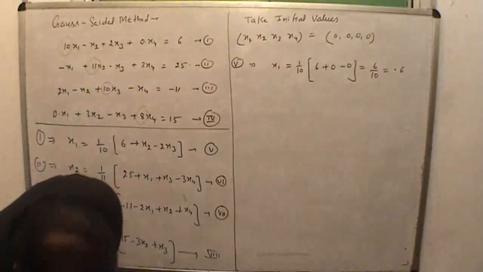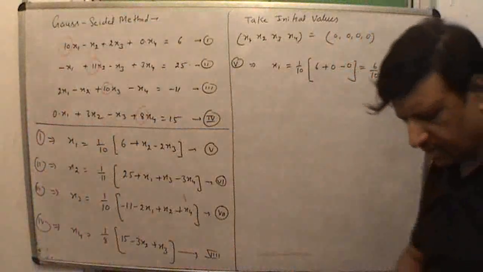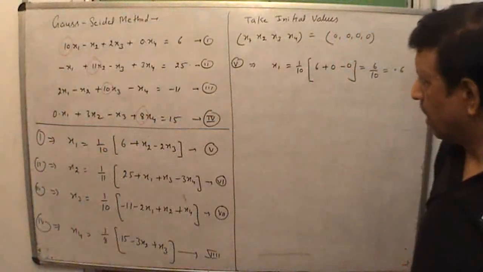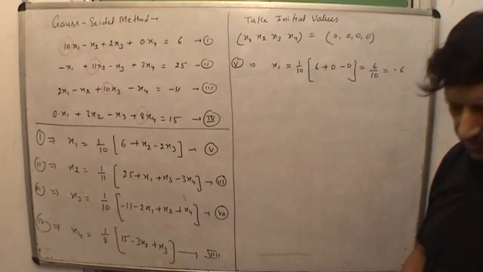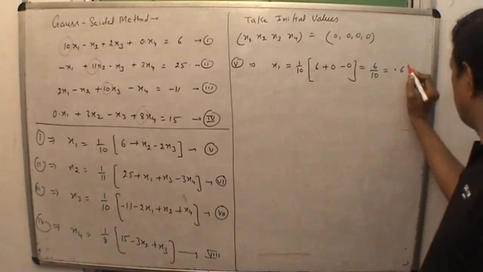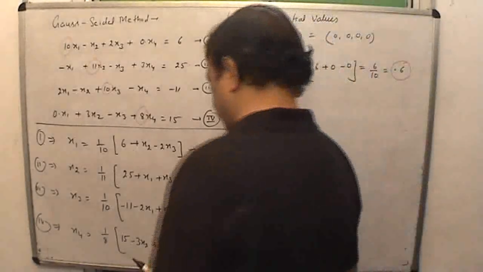Up to this step, there is no difference between the Gauss-Jacobi and the Gauss-Seidel method. After this step, the difference starts. See, it is the new value of x1.